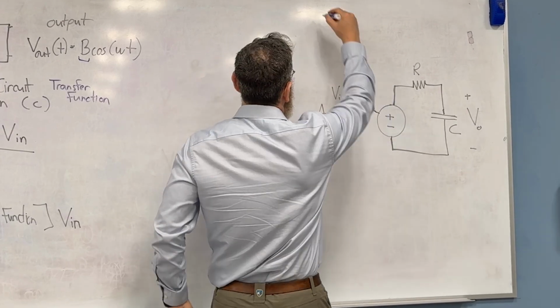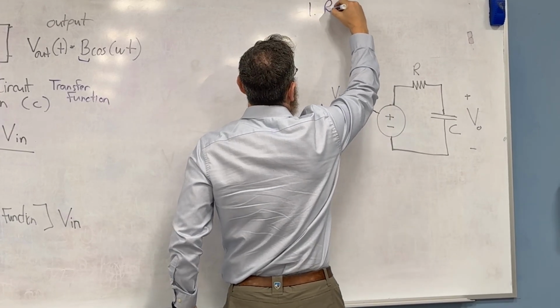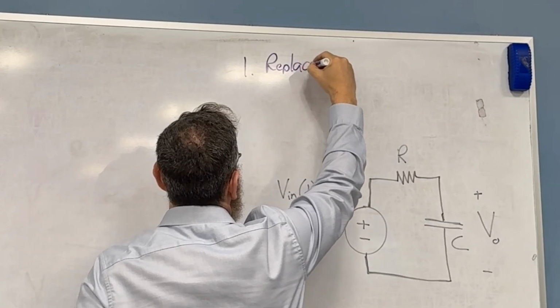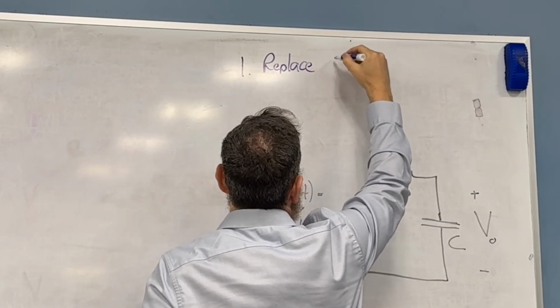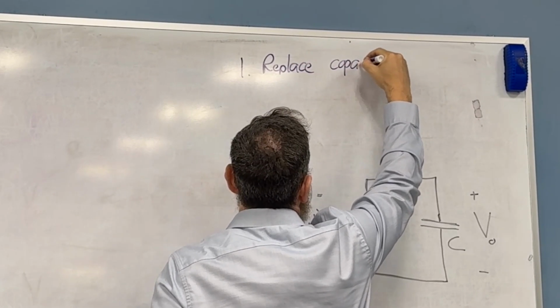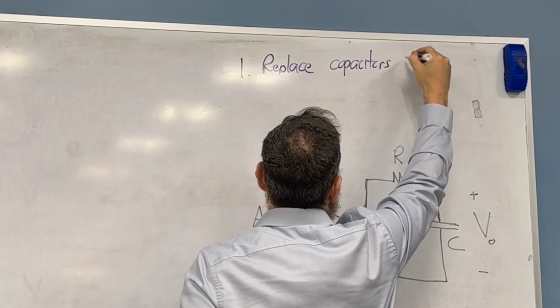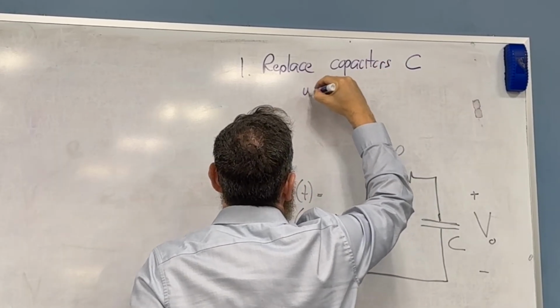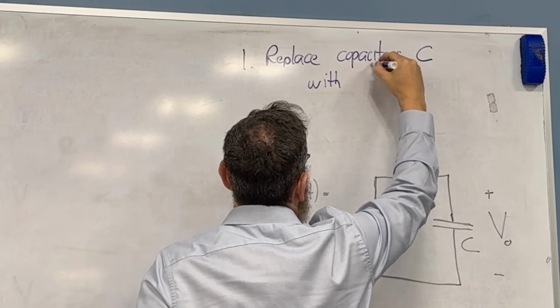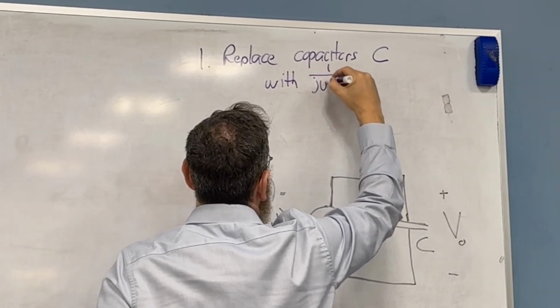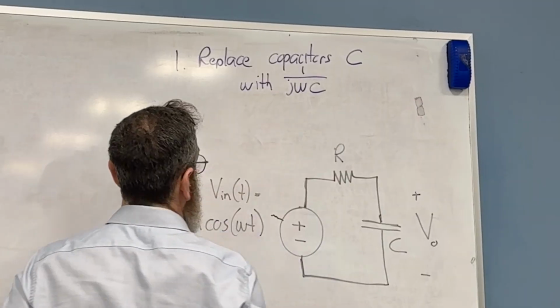The first step is replace capacitor C with 1 over JWC.